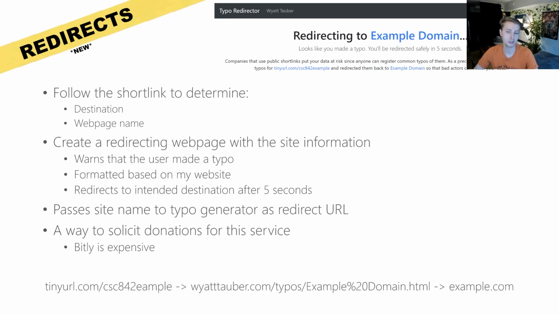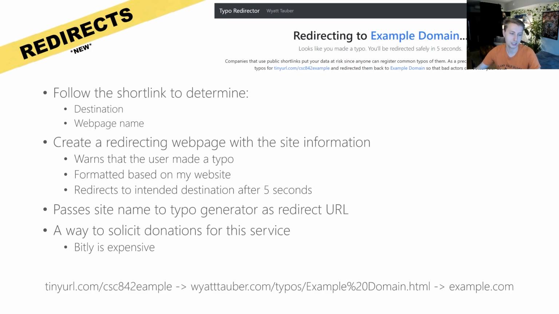But it's passing them through my site so that I can add this little message saying, hey, you've made a typo, and if you want to help me prevent more people from making typos, please donate to this service, since bit.ly is running me about $30 a month.